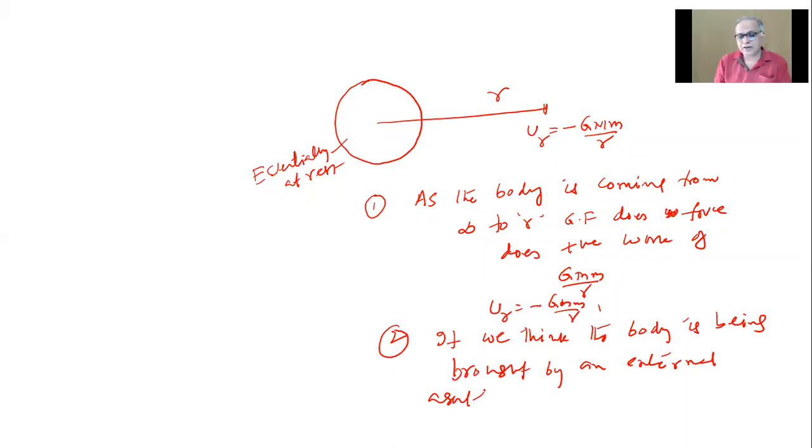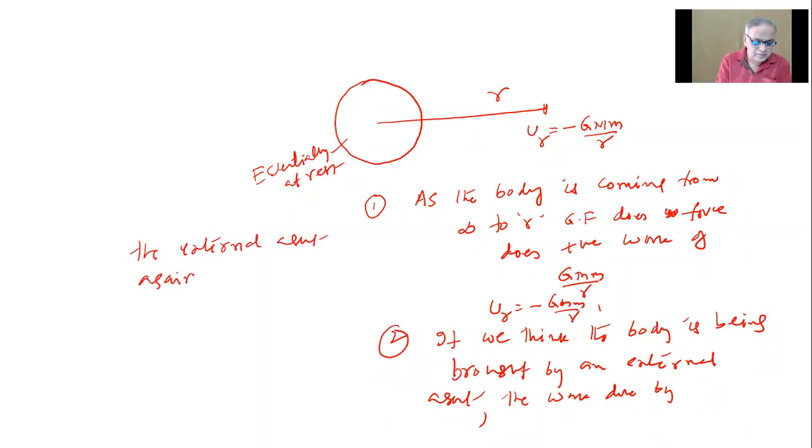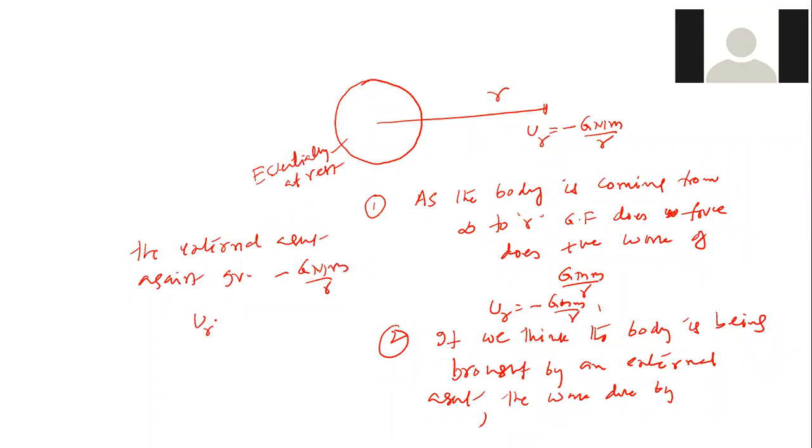But work done by that just exactly against gravitational force only is this. He may be doing work against something else also, by an external agent. The work done by the external agent against gravity is what? Minus GMm by r. That is potential energy.